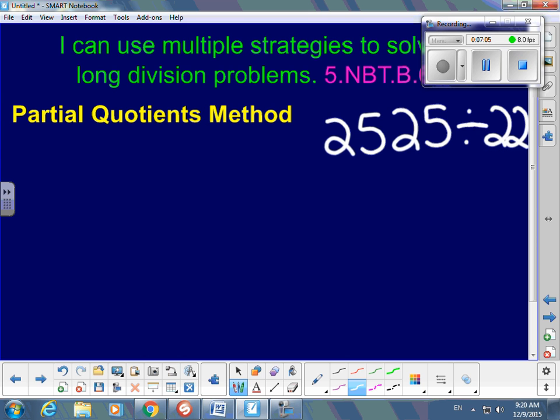So we started off by estimating, and Elise got us started, and she did a great job estimating the divisor. So Will, if we were doing the same thing with this problem, where would we start?